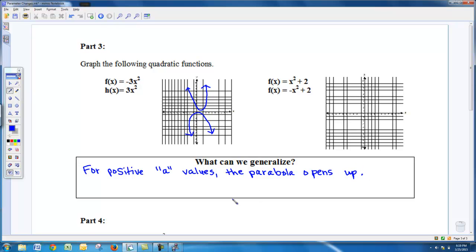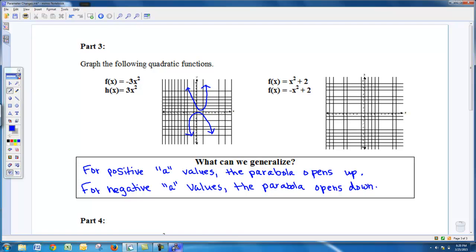And then we can say for negative A values, the parabola opens down.